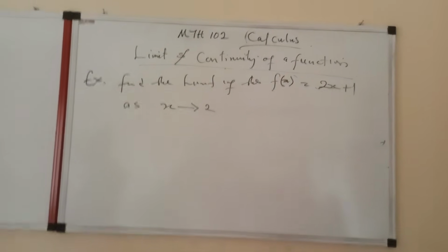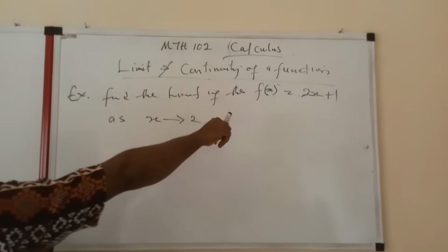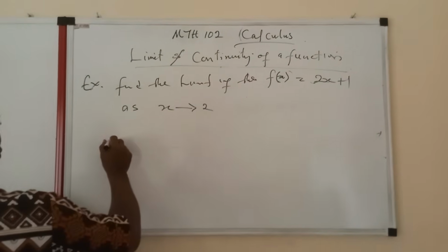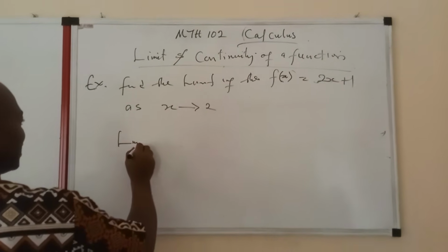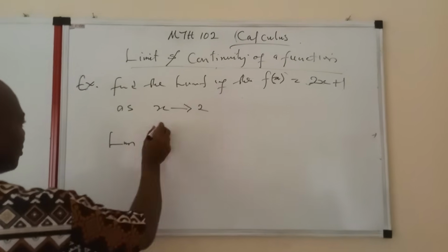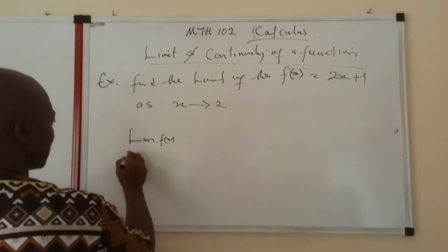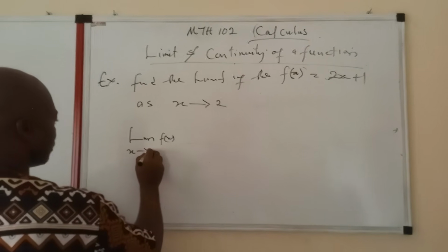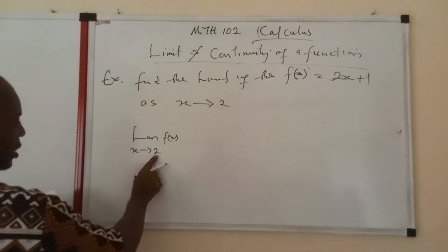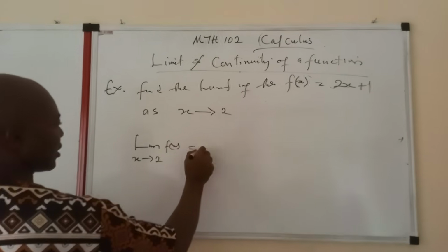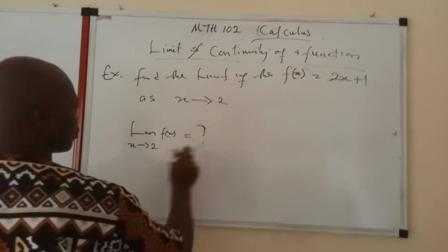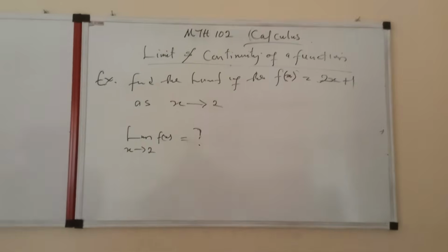Based on the earlier statement that we have given, we are saying the limit of the function as x tends to 2. Now, this means in the neighborhood, both left and right. That's what we are asked to determine.